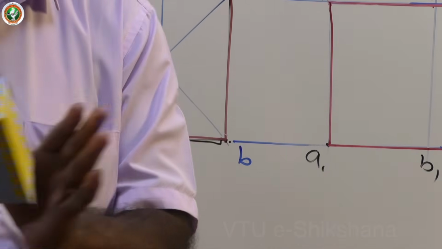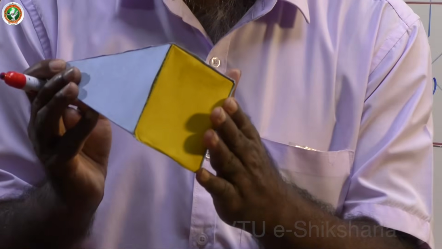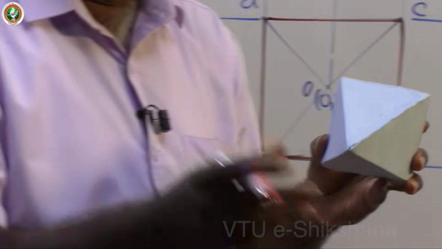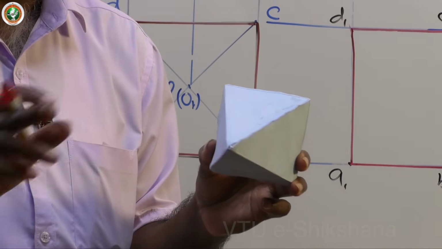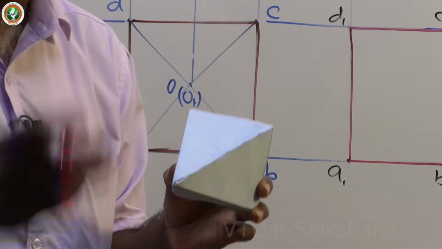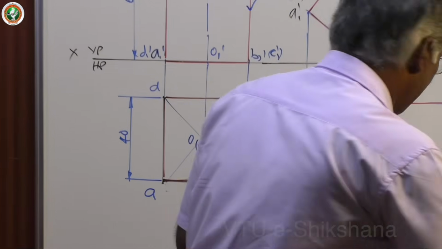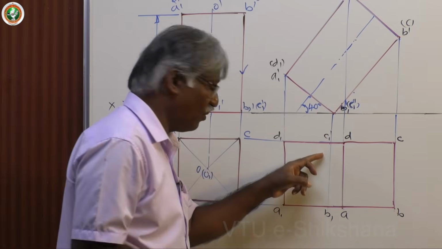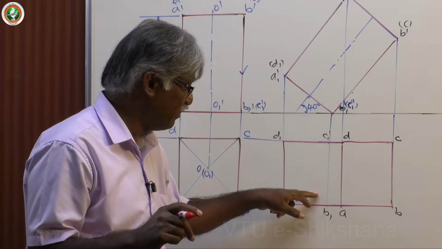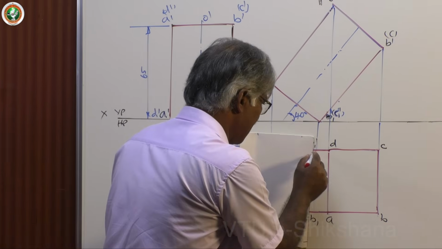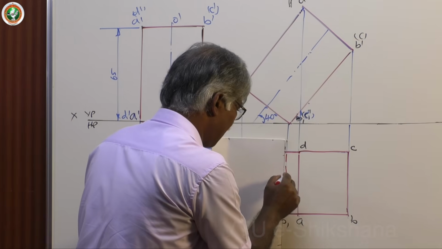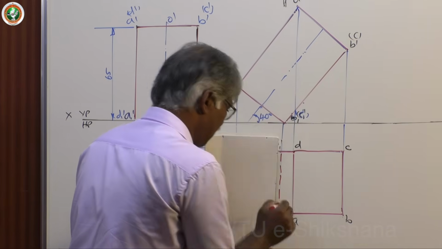But even though base is not visible, this yellow color is not visible, base edges are visible. That is why I refer always boundary lines. Boundary lines are dark. So in this case, all boundary lines are dark. Then the only side which is not visible is B1C1, that should be drawn dotted.